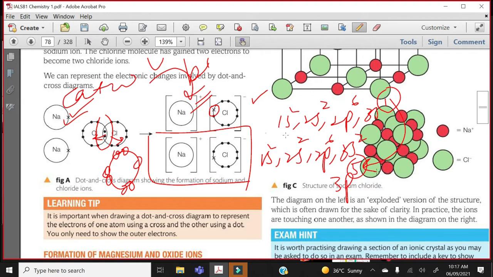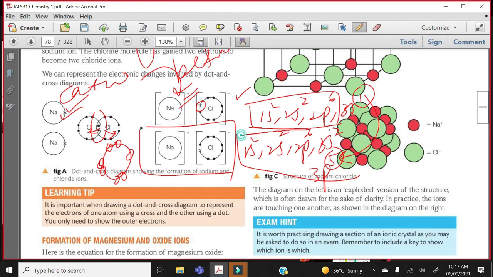The remaining configuration for sodium is like this, and now the configuration of chlorine is with 3p6. So both have attained the configuration of the noble gas. One is for neon and the other is for the argon configuration. So electrons are lost and electrons are gained. Keep this in your mind.